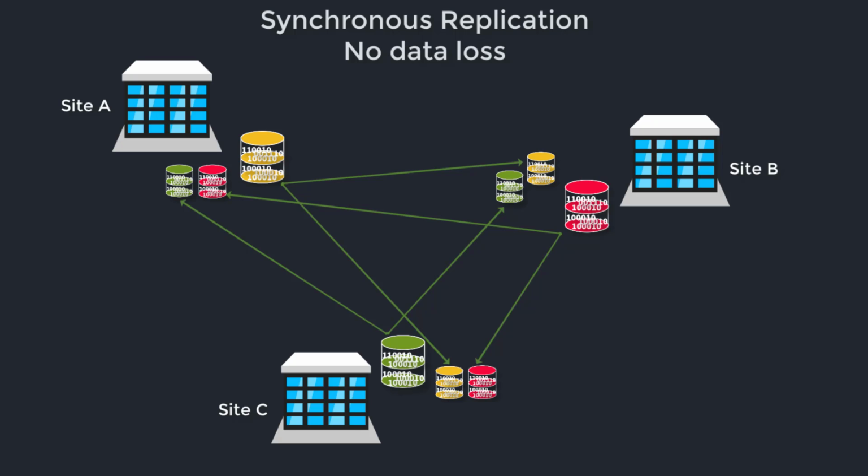Remember, synchronous replication is the confirmation that the data has been successfully written to both of the sites. So in this example, we have Site A, represented by the gold database, and it is replicating to Site C and Site B. Now, when Site A writes the data, it waits to complete the transaction until Site B and Site C report back to Site A and say, yep, I'm good to go.